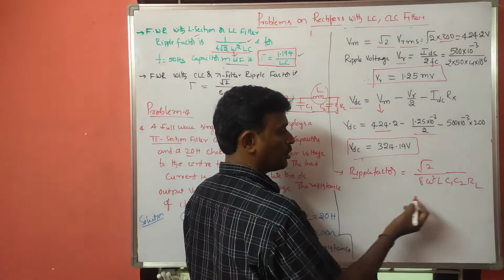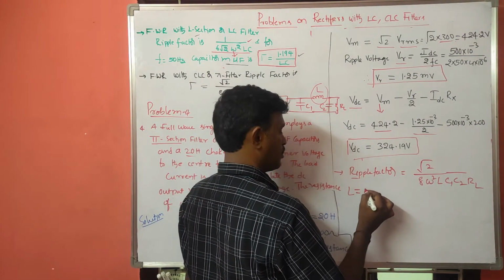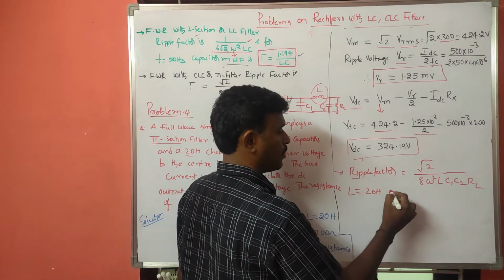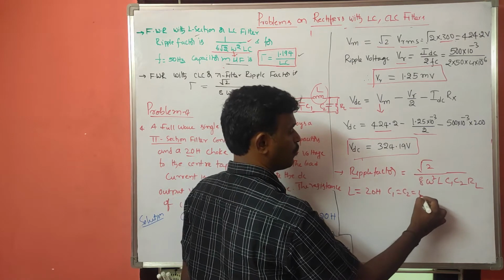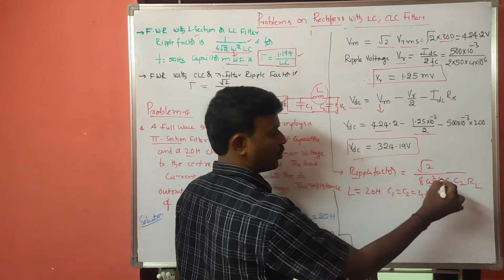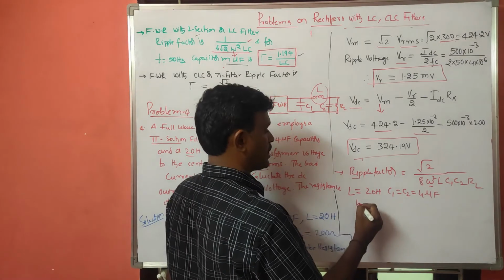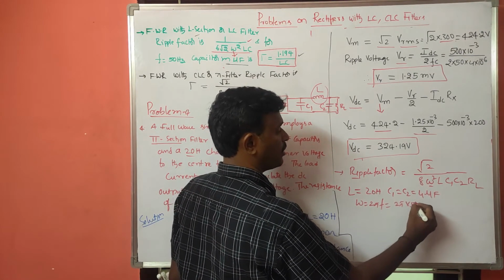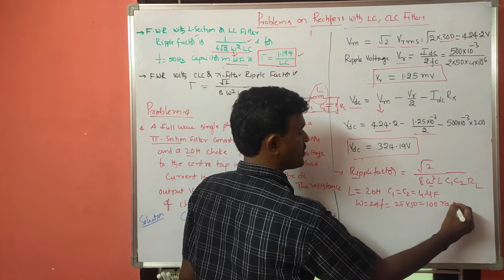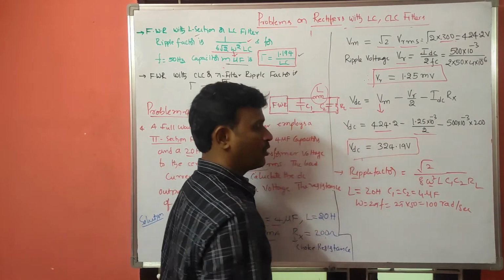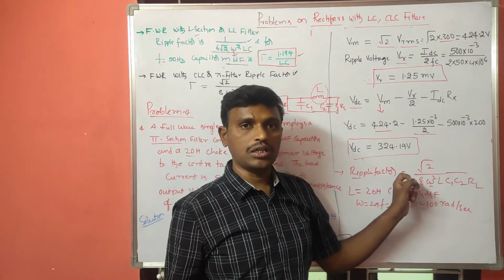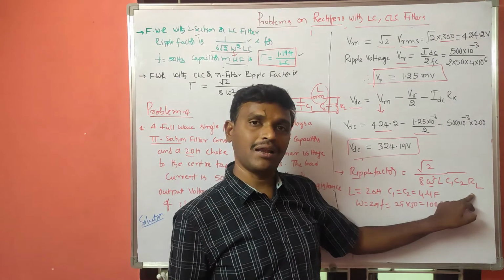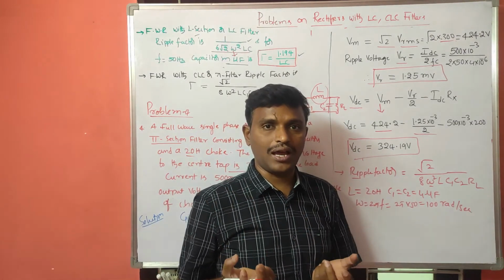Here we know the L value is 20 Henry, and C1 is equal to C2 is equal to 4 microfarad, and we can also calculate omega. Omega is nothing but 2 pi f, that is 2 pi into 50, which is about 314 radians per second. If you observe this equation for the pi section filter ripple factor, we know all the values except RL. Then how can we calculate RL?